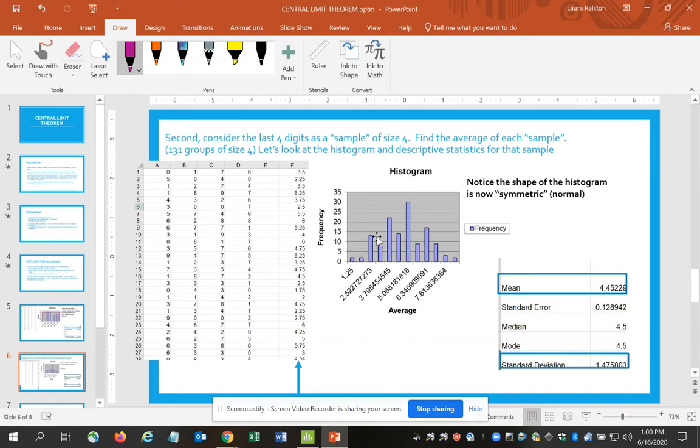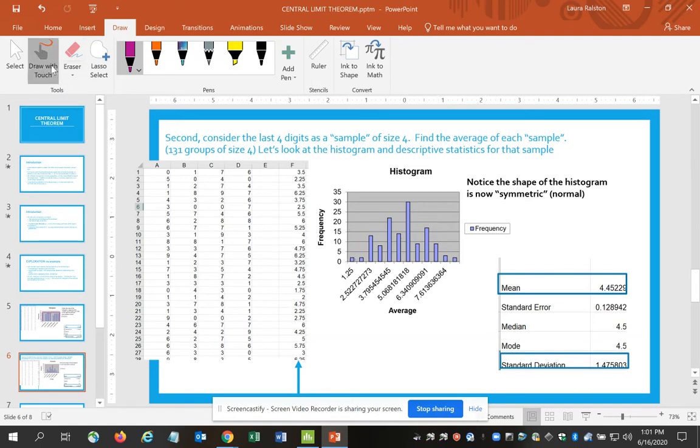Then I created a histogram of those averages. This histogram here is for column F on my spreadsheet. Notice how the shape of the histogram is not uniform anymore. Let me see if I can help by drawing it in for you.